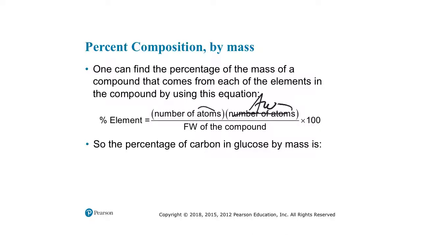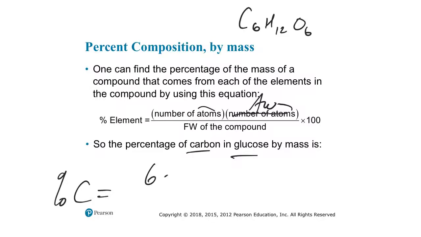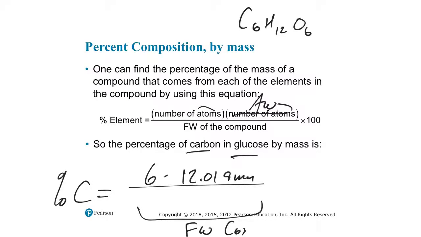So the percent of carbon in glucose, I don't expect you to have glucose memorized. Most of us probably know it's C6H12O6. You don't necessarily need to have this memorized, but the percent carbon would just be equal to 6 carbons times 12.01 AMU for each of them, and then divide by the formula weight of C6H12O6, which is about 180.2 AMU if you put together all of the 6 times carbon, 12 times H, etc., times 100%.